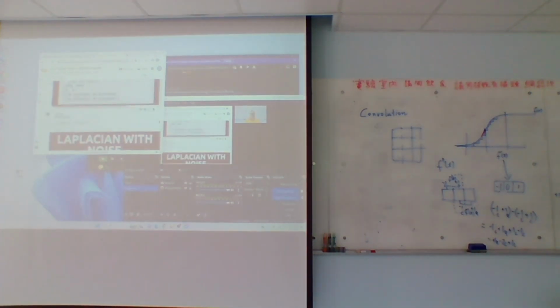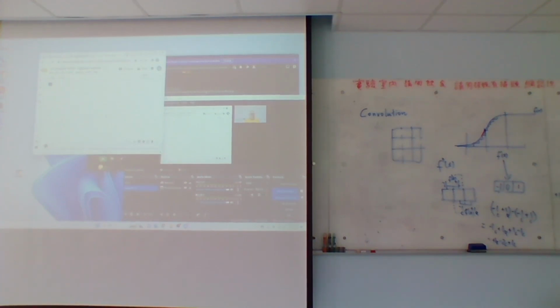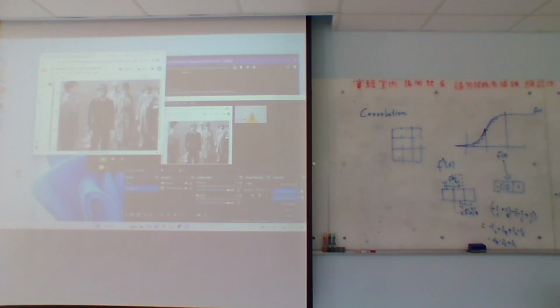So the Laplacian with noise gives you this, which is basically useless. The little bit of noise that we added to the image here, you cannot really see it.